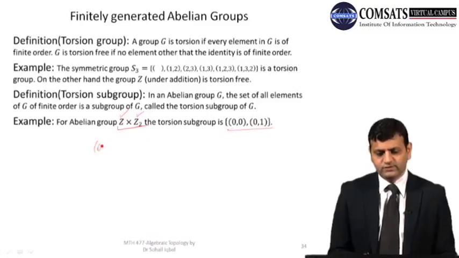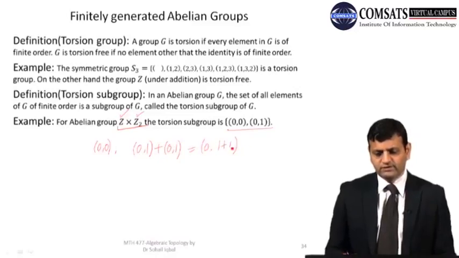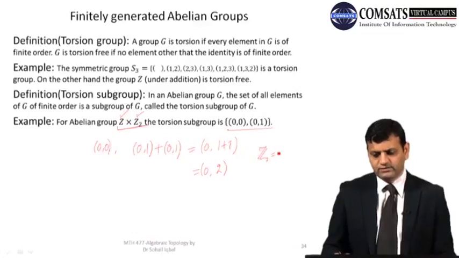So 0 0, of course we can see that it has finite order, but what about 0 1? If I add 0 1 to 0 1, of course we have to add it, because in this case the binary operation is addition. So this is equal to 0, and 1 plus 1. So what is 1 plus 1? Of course we know that 1 plus 1 is 2, but where does this 2 belong in this set?